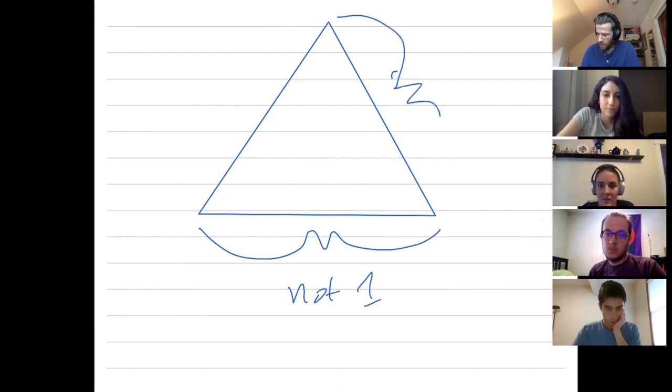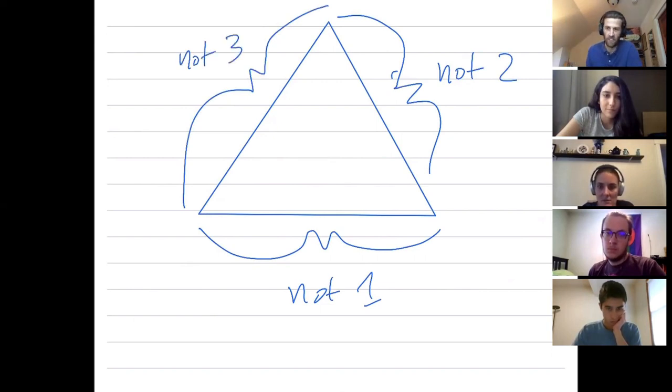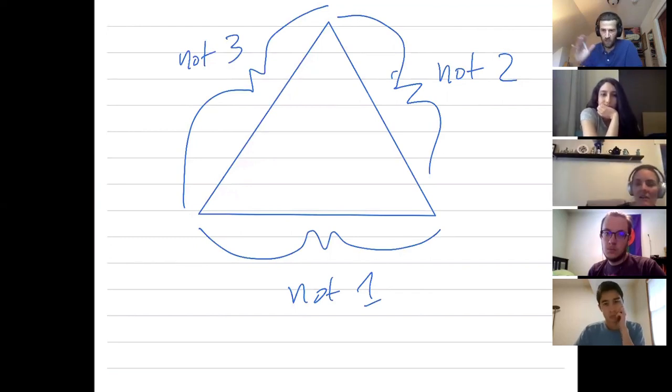The traditional Sperner's lemma is not 1, not 2, not 3 on these segments, including the vertices. But then the vertices also all have to be different. So if the lower, oh right, that would work. So I think this is the traditional Sperner's lemma, and you get the same result. There's a rainbow colored triangle somewhere in the middle.